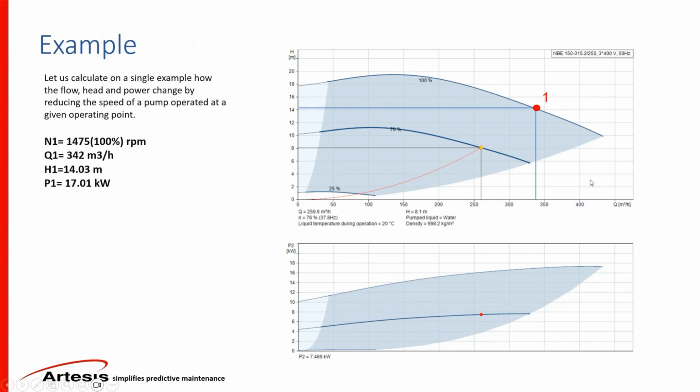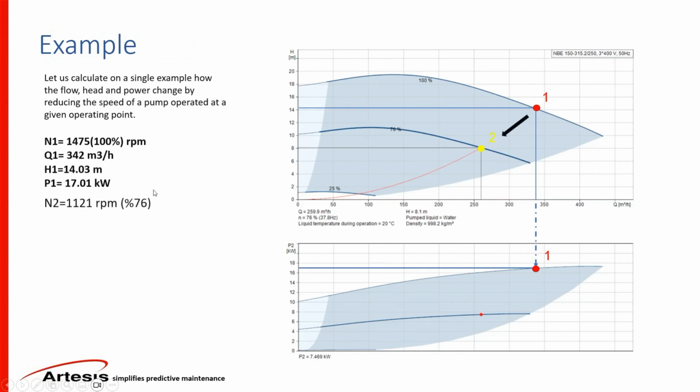We are starting with 100% speed. This is a 4-pole motor, so 1475 RPM, and at this speed the flow rate is 342 cubic meters per hour. Our head would be approximately 14 meters, and the power consumption at that operating point would be 17 kilowatts.